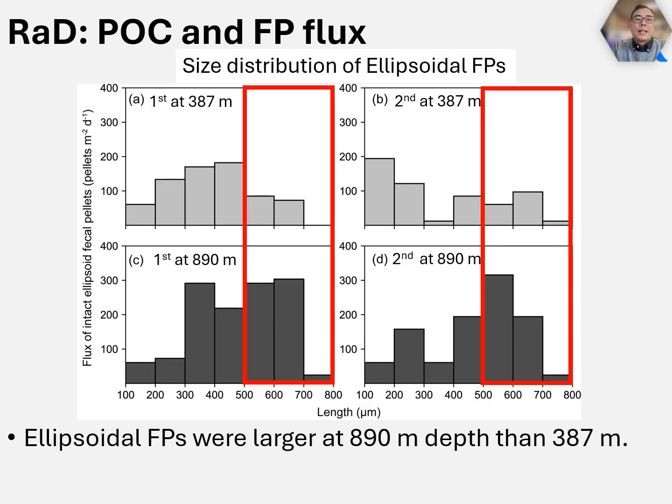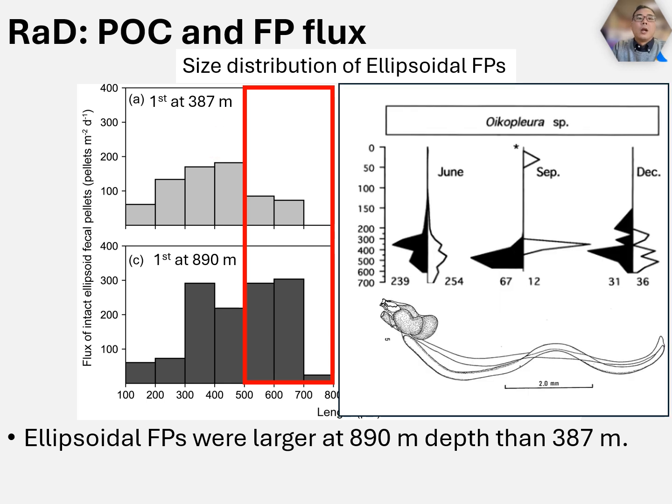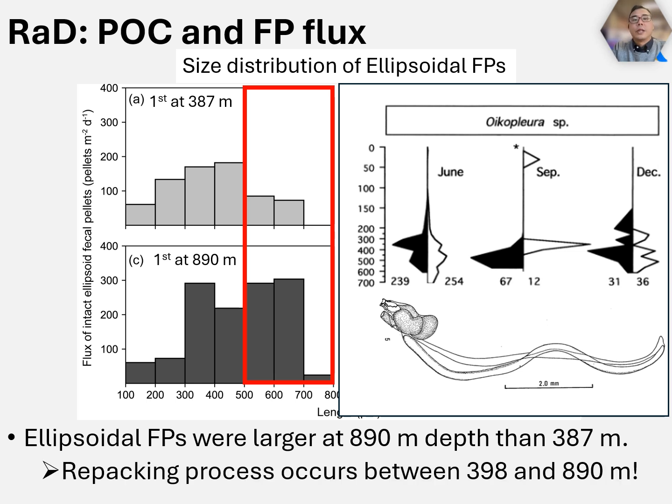When we check the size of the ellipsoidal fecal pellets, the size was significantly larger in the deep than the upper one. As I introduced, mesopelagic appendicularians are present in this sea. Thus, we concluded that appendicularians repackage particles between these two depths.